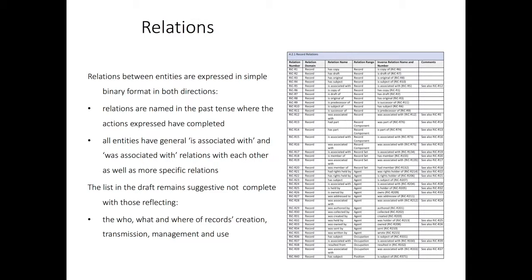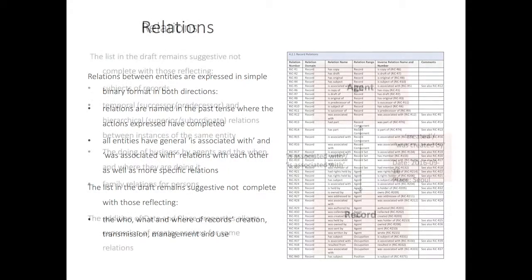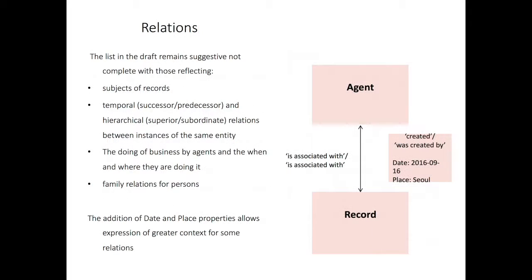While some relations currently only exist in the past tense, such as "was created by" between a record and an agent, as a record is always in existence before it is described, some relations are given in both the present and the past tense. So there are also "was associated with" relations between entities, reflecting that there was an association that is no longer current. The list in the draft, though, remains suggestive and should not be seen as complete or normative.